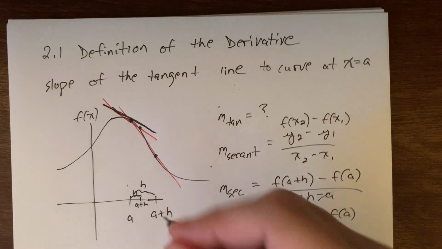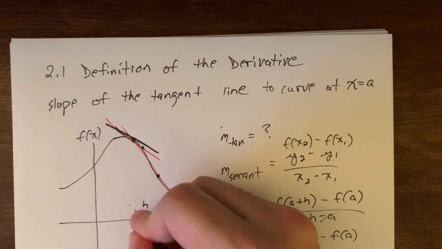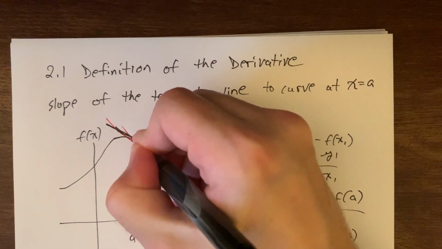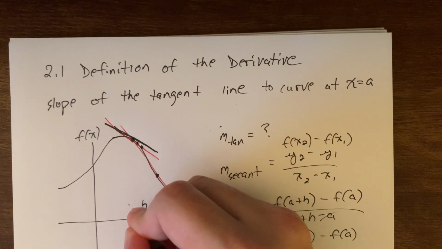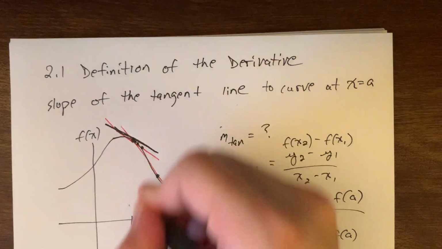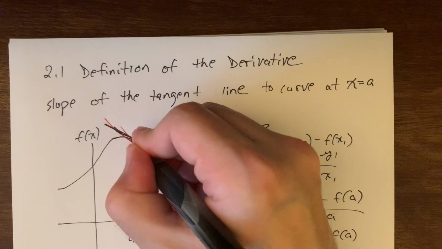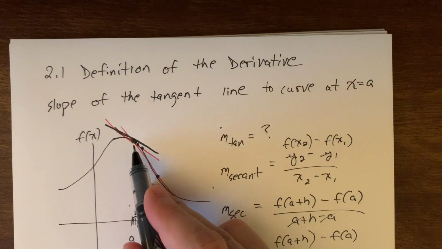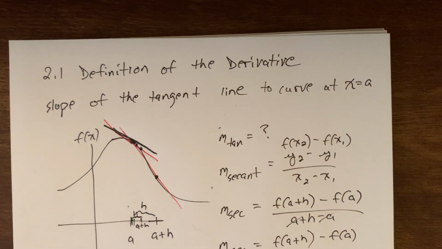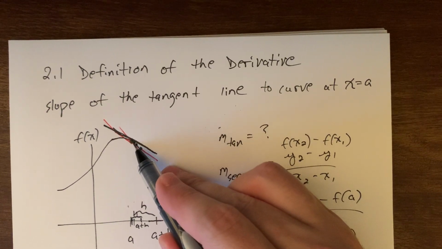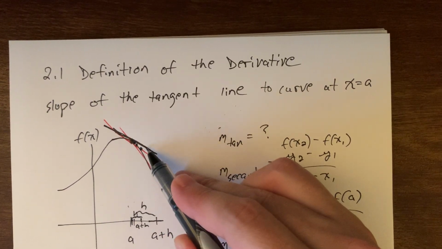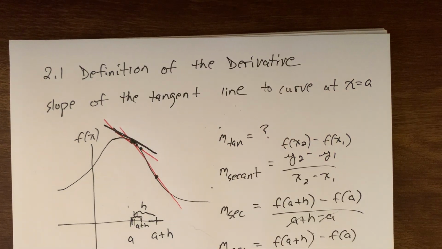If I pick my second point right here, that would make that the point. And now at this point, my 2 points are almost right on top of each other. So my secant line here is really the same as that original tangent line that we drew.